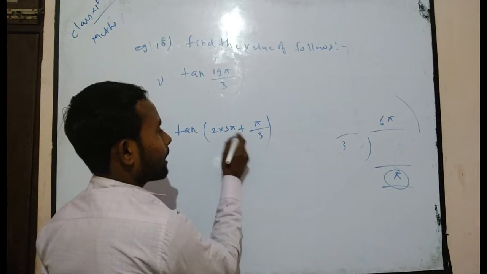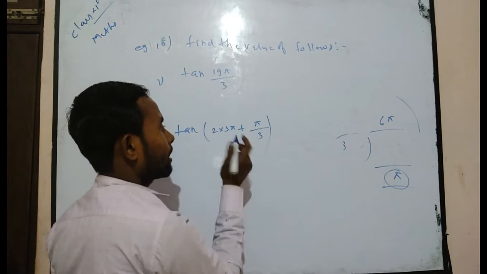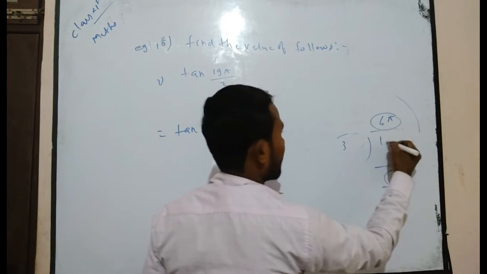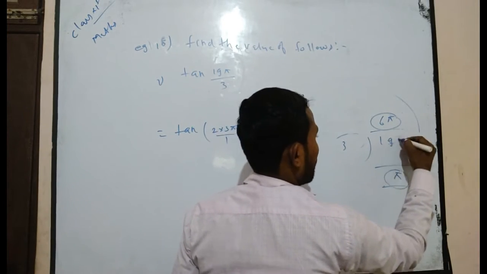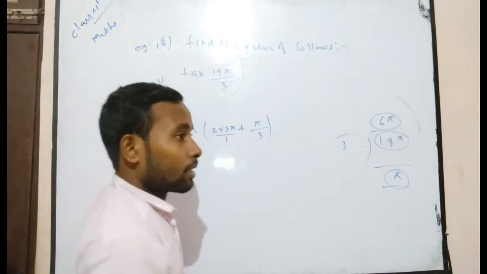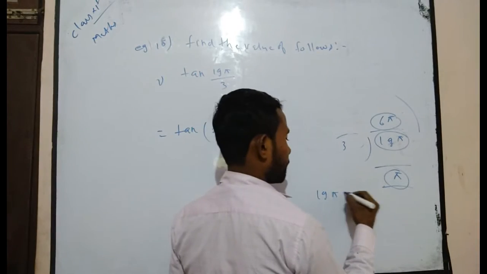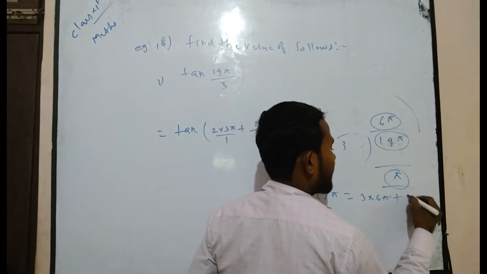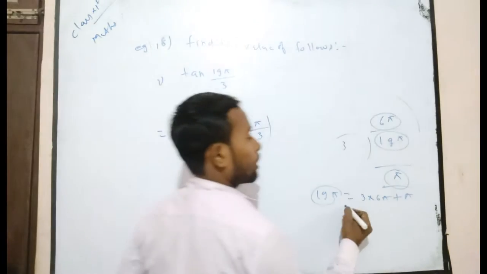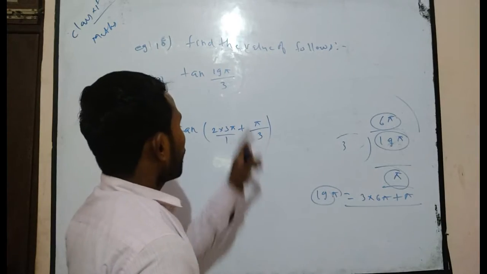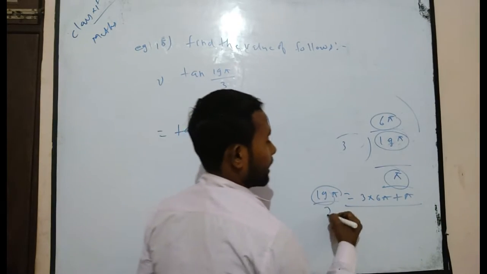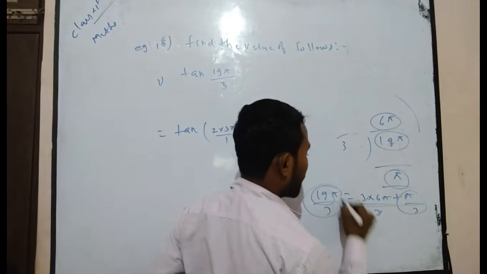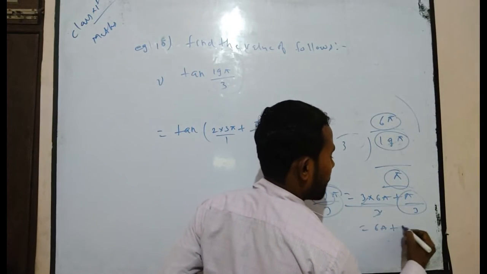After multiplication you get 18 pi plus pi, 19 pi by 3, because here the denominator is 3. Dividend is equal to quotient into divisor plus remainder, so 19 pi is equal to 3 into 6 pi plus pi. Now in this problem, dividing both sides by 3, the 3 cancels and you get in the remainder pi by 3. So you can convert 19 pi by 3 to 6 pi plus pi by 3.